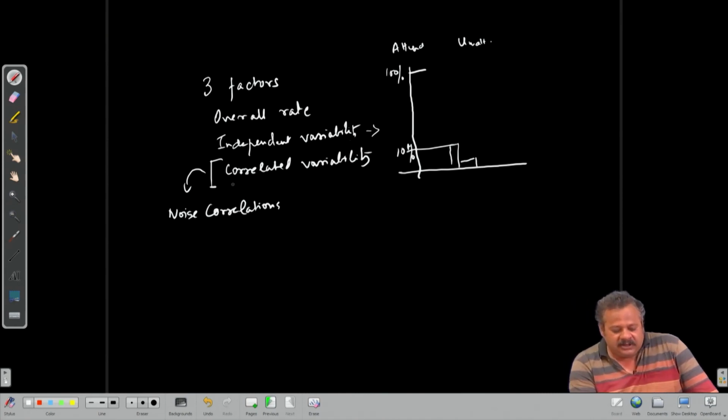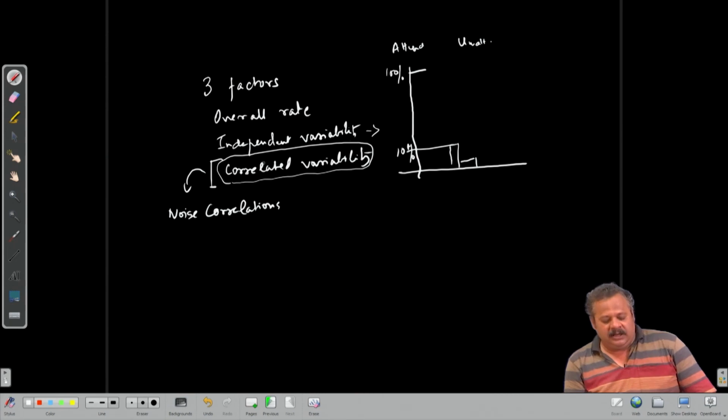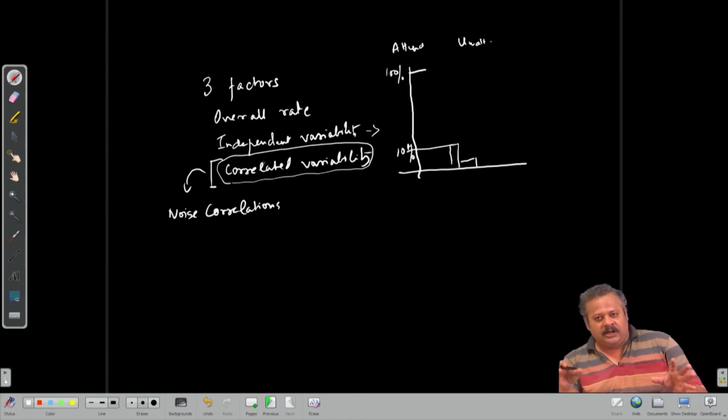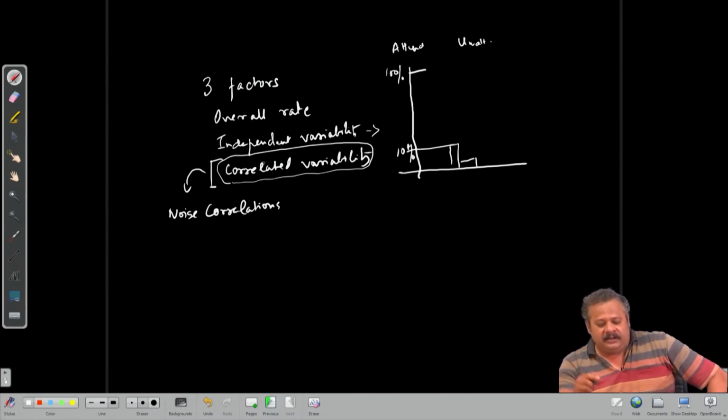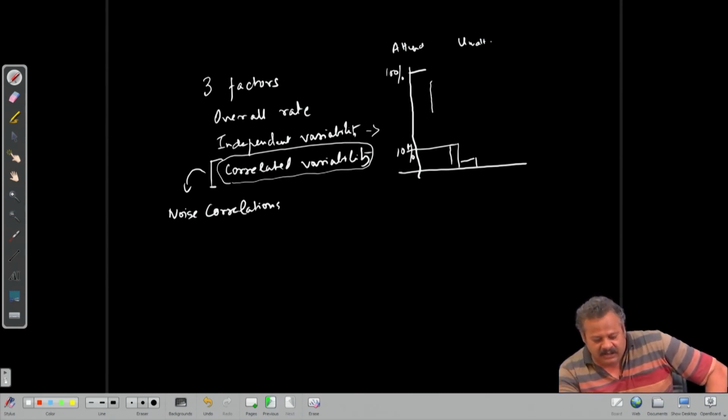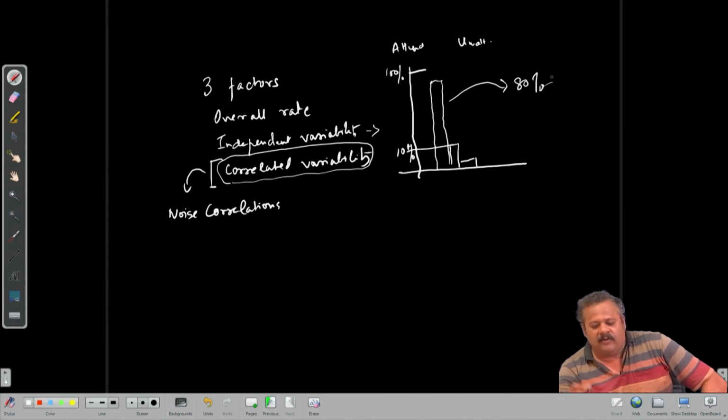But just correlated variability itself, where you keep the noise correlations intact between the simultaneously recorded neurons, but rates are the same as what you see in the unattended state for the same pair of neurons, explains 80% of the gain in performance.